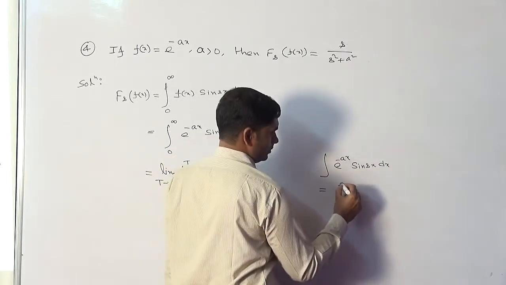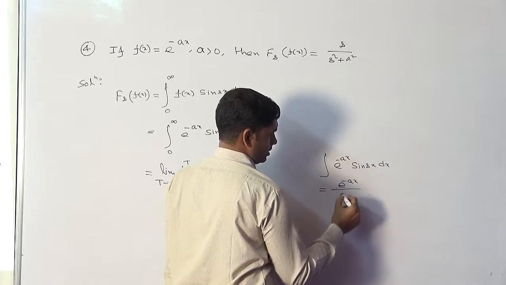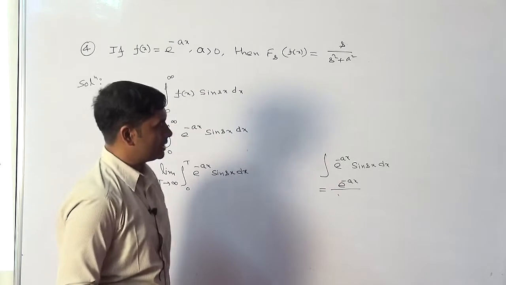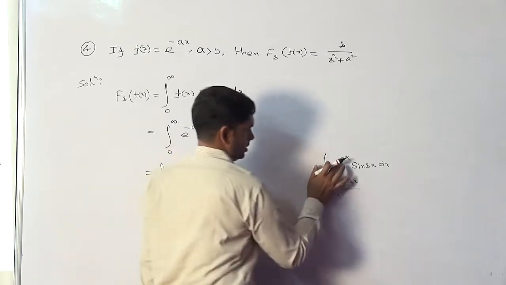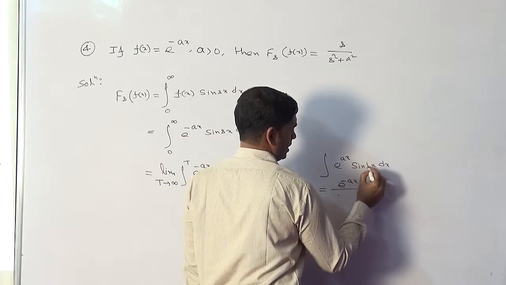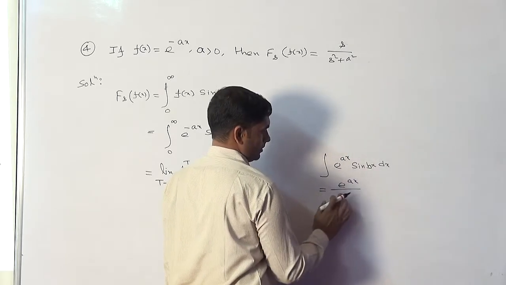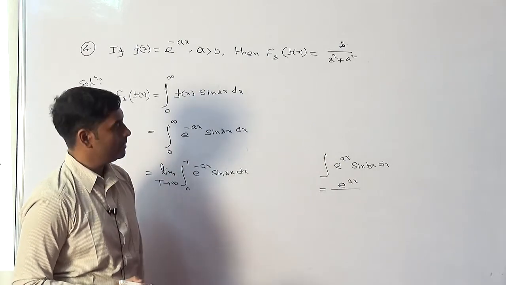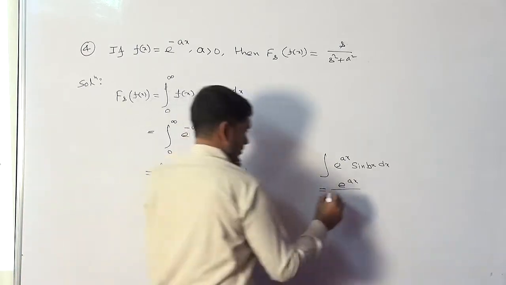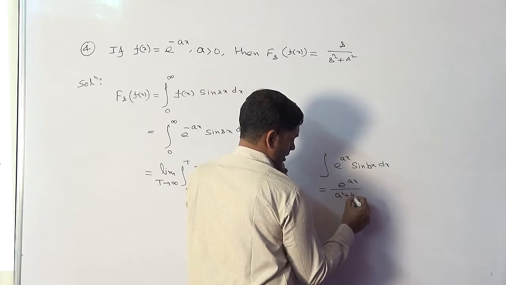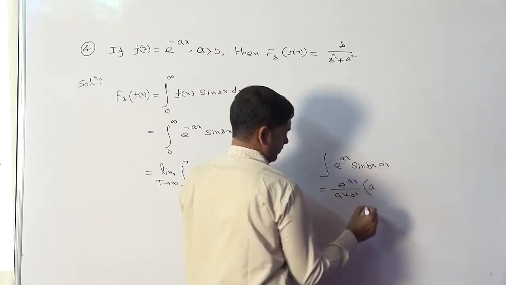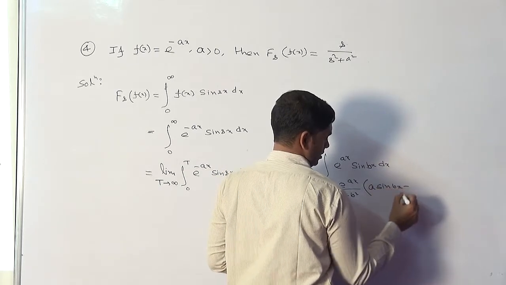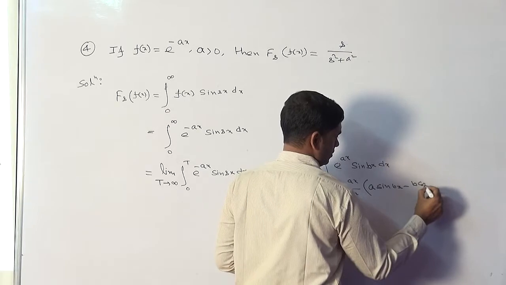The general rule is that if the integration of e to the power ax sin(bx) is given, then we find the integration as e to the power ax divided by (a squared plus b squared) times (a sin bx minus b cos bx).